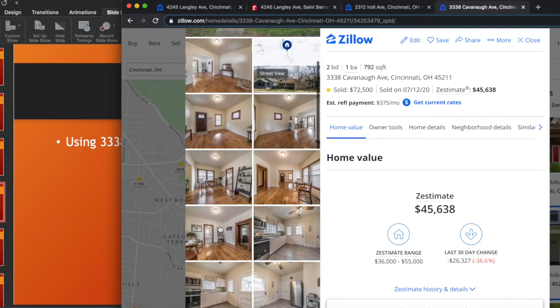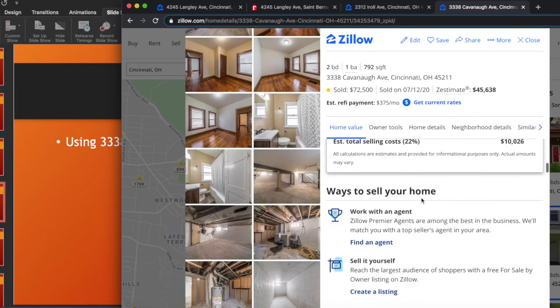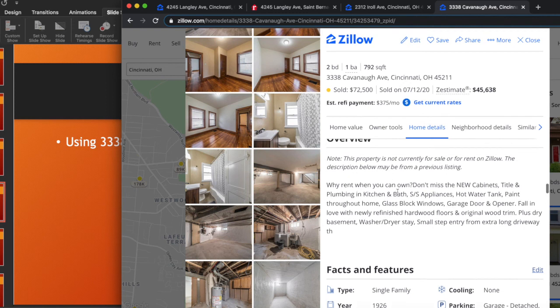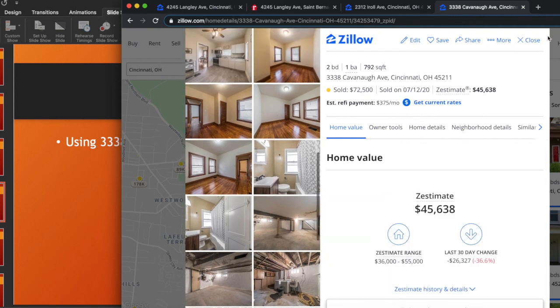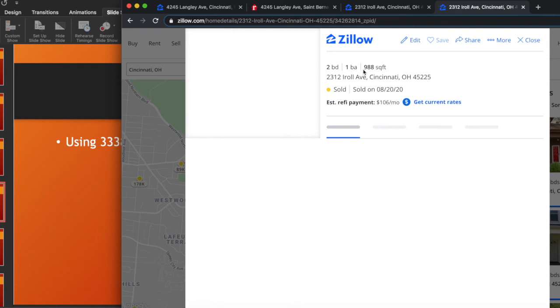It was fully redone, just sold back in July, has a basement, and this is the description. And it sold for $72,500. And it's within a half mile, definitely, of our subject property, which is right here, 2312 Iro.